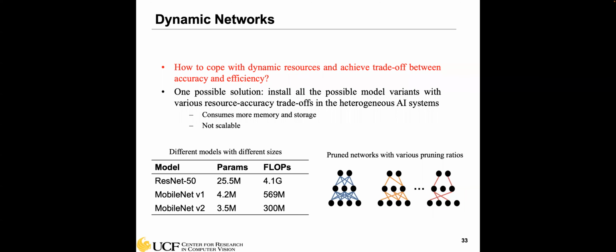Because in a lot of cases, the resource can be dynamic. Let's just take a drone, for example. The resource depends on the power. So if you have a full battery, maybe you have the bandwidth to accommodate a large model. But when the battery is low, then you can only accommodate a very small model.